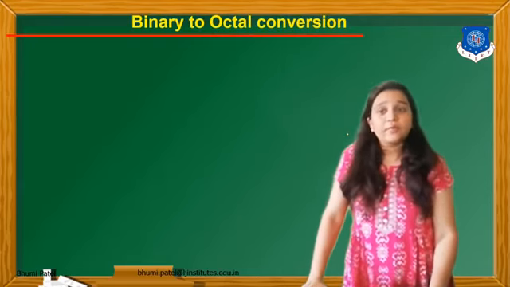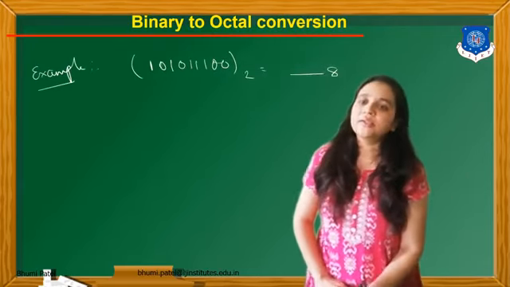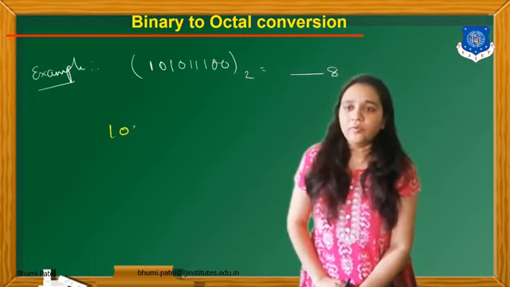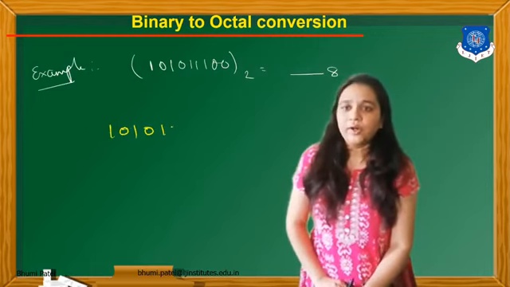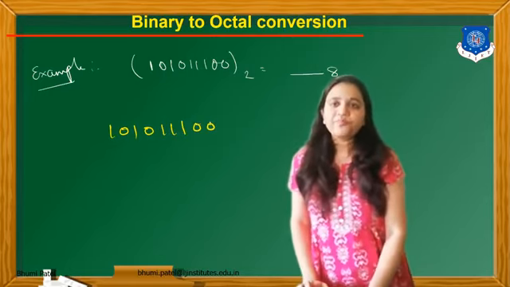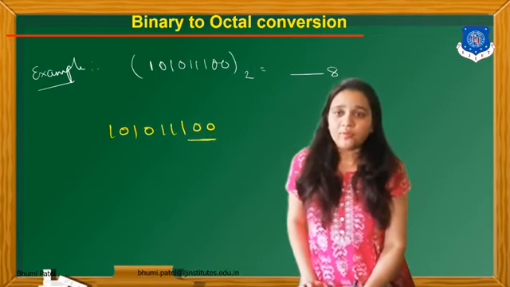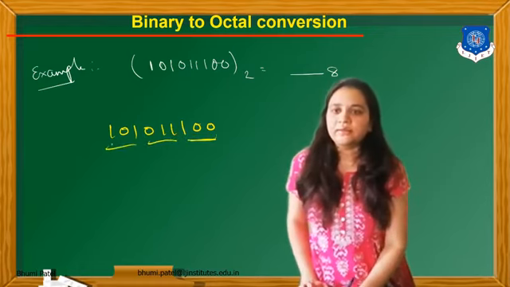Now you have to convert binary to octal. This binary number is given: 101 011 100. Now you have to convert this binary number to octal. So you have to make pairs of 3: these 3 and these 3.